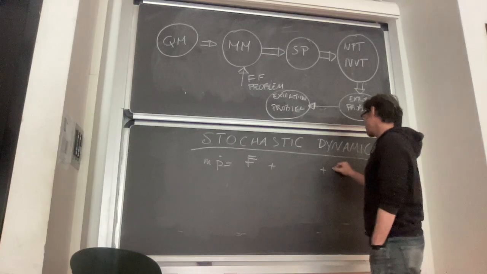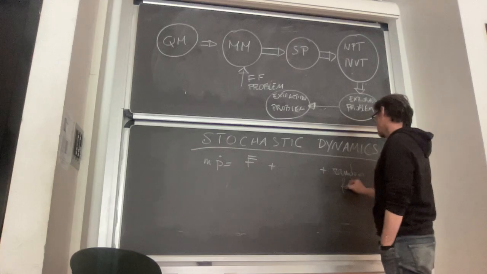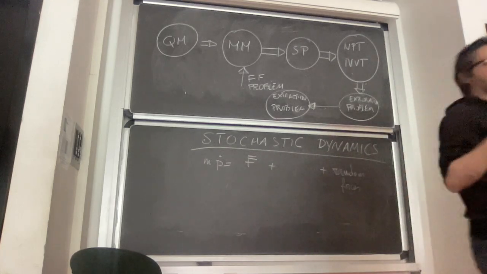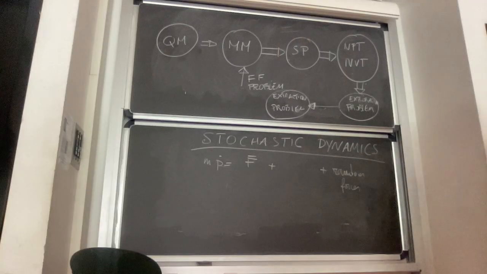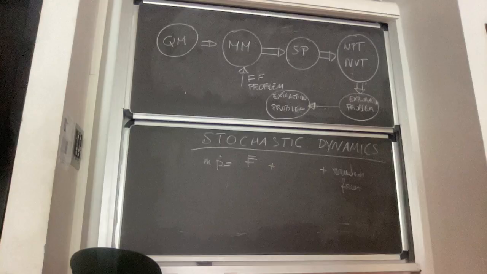So basically you introduce random forces and we will see how. If you introduce random forces, you pump energy into the system. You want to make sure that you don't exaggerate with the energy because you heat up the system to explosion.